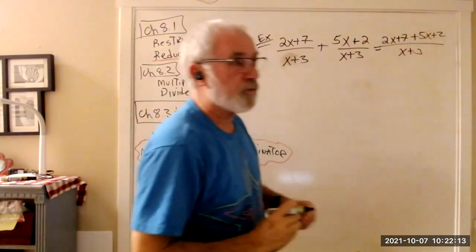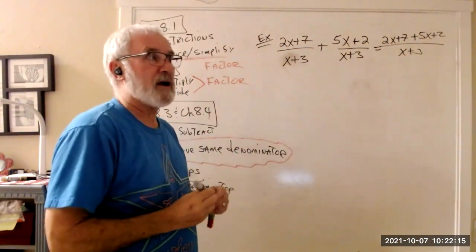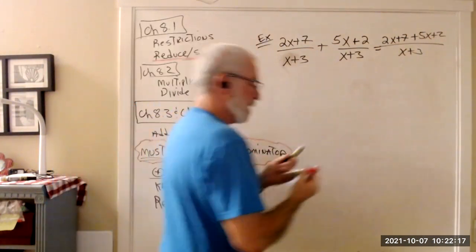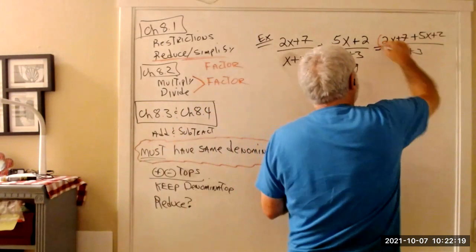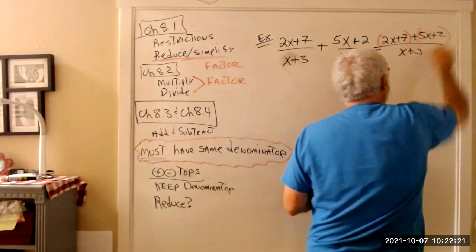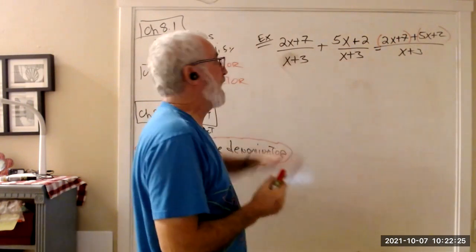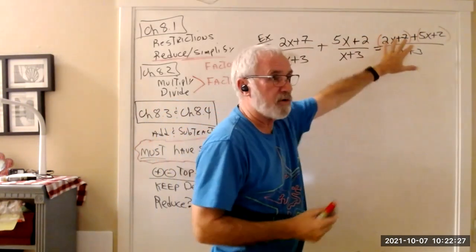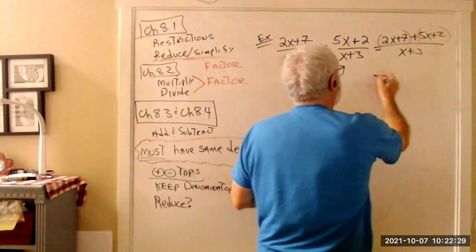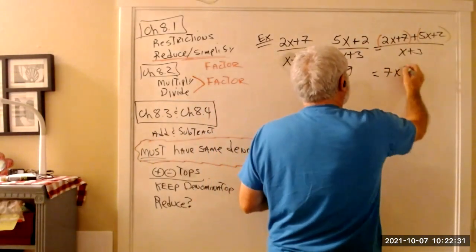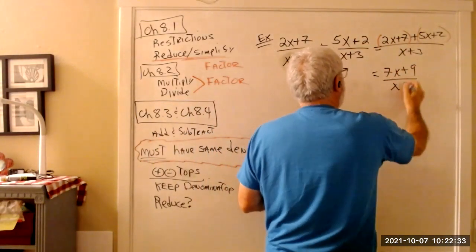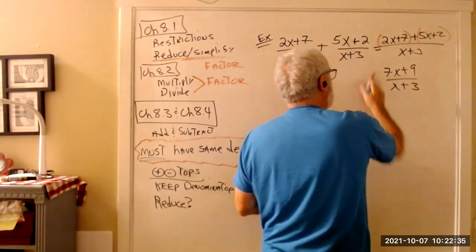Now, I know most of you will do that in your head, and that's fine. But you're following the rule, and I just want to make you aware of what's happening in your head. The rule says add the two numerators together. So we end up with 7x plus 9 over x plus 3.